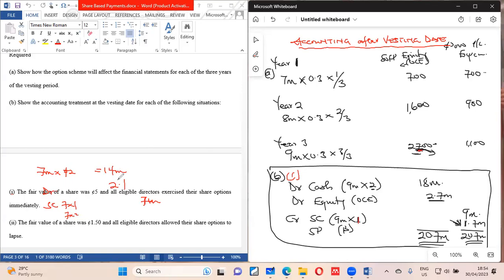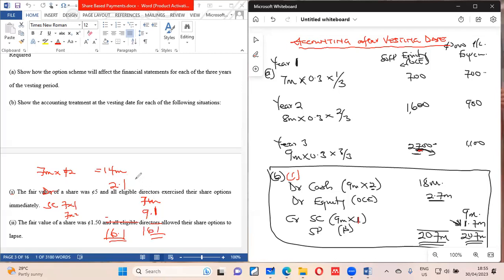So when we do this, we will have 16.1, and the balancing figure thereof will be what? 9.1, if I'm not wrong, which will be here. Yes, so that we get 16.